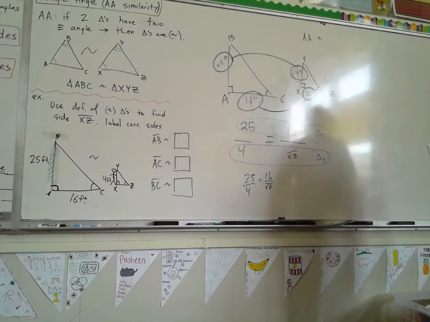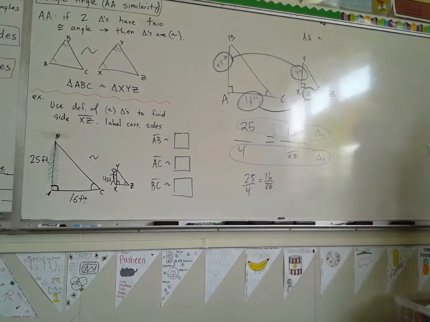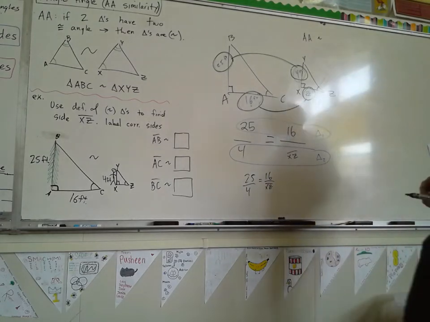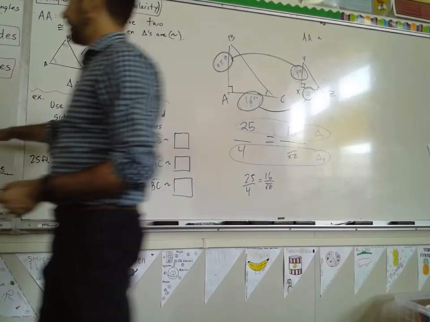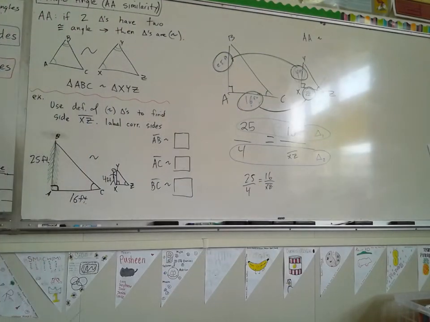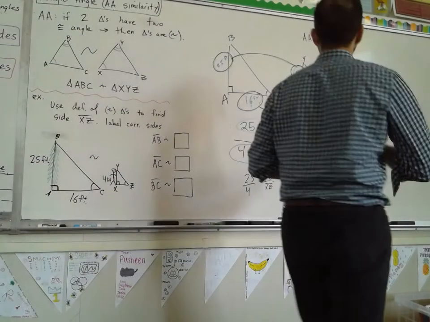So I just made the two ratios. I know they're equal because the ratios of corresponding sides are going to be the exact same if we have similar triangles. We already know they are. We already showed that they are, angle-angle.